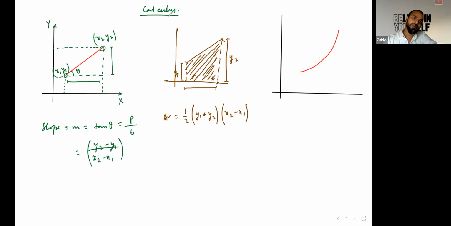So we use a mathematical tool which is called calculus. Calculus is nothing but mathematics related to any curve or any line. It is applicable for both curves as well as straight lines.